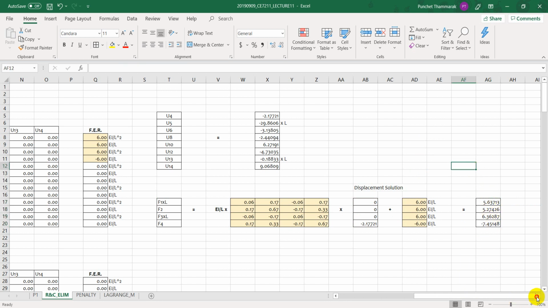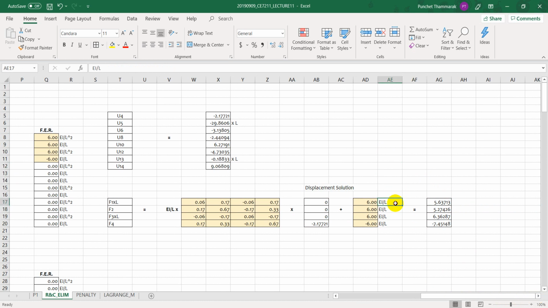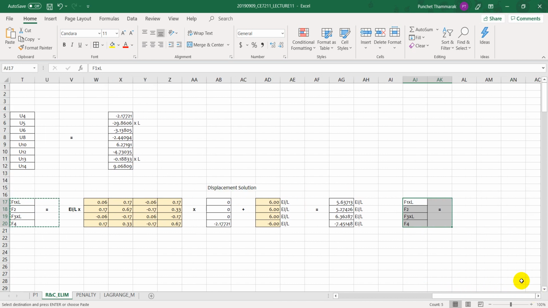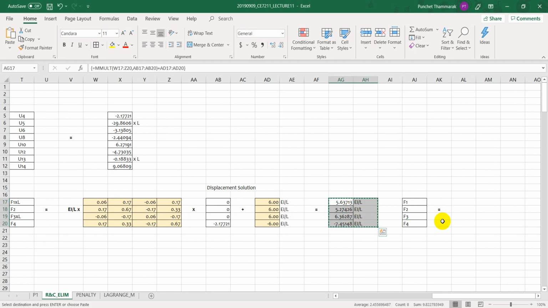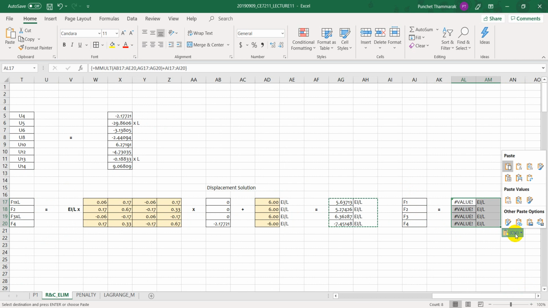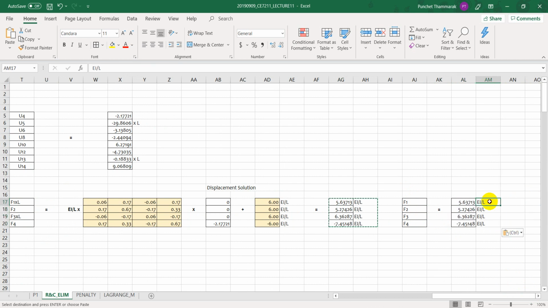Okay, so the unit here is EI over L, or if you want, well, we don't want this, right? You want this. It turns out to be, so I copy and paste, square.